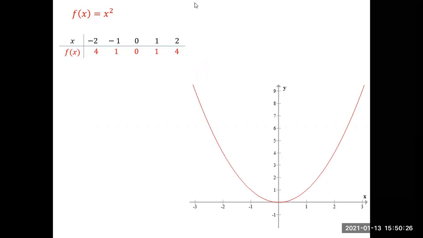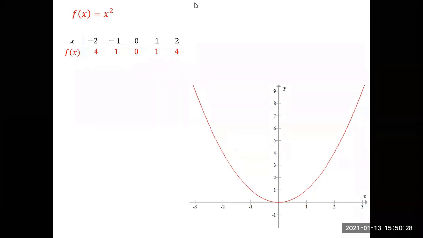But now I'd like to take a look at this next function. What if we take a look at the function x minus 1 quantity squared? Notice that this is a bit different than just x squared because it's saying before you square this quantity, subtract 1 from the x value. So why don't we take a look at -2?